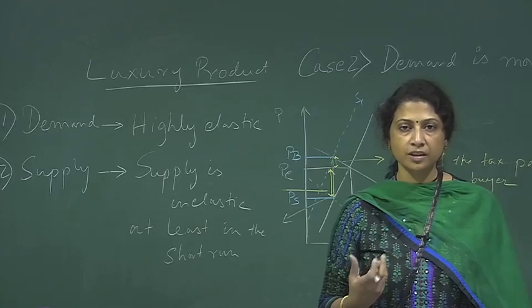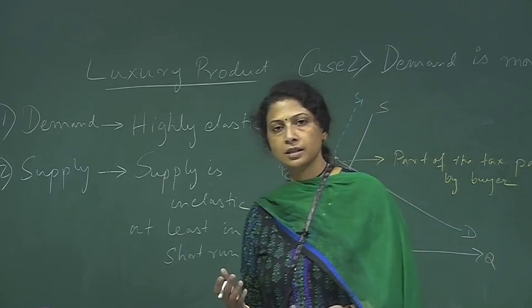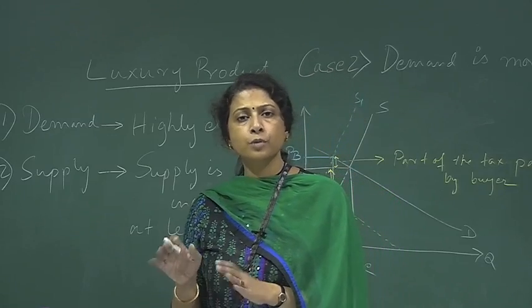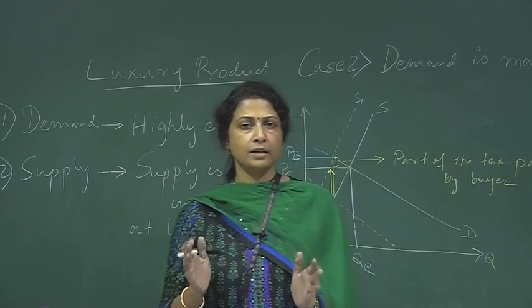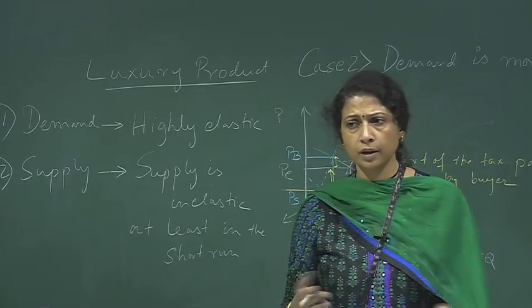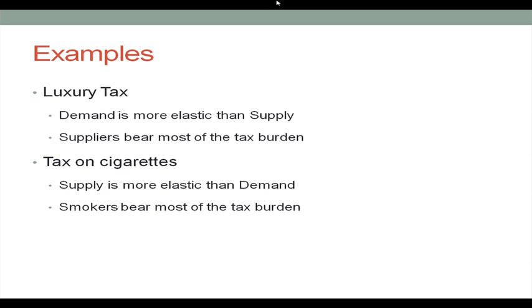So demand is very inelastic, and supply is more elastic than demand. It is possible for a cigarette company to just start producing fewer cigarettes, or if they feel that it's unattractive to be in this market, they can quit the market. So smokers bear most of the tax burden in this case.